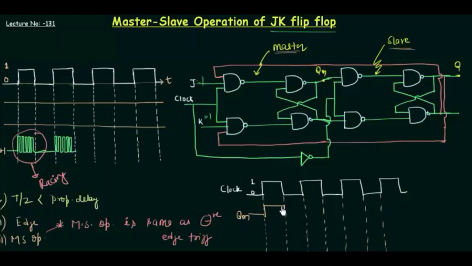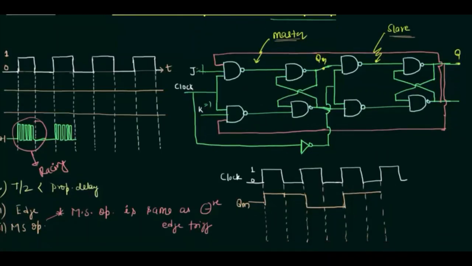It will be high for this entire time, because when the clock becomes low, the state will be stored, and the state was high, so it will be stored like this. And again, when the clock is high, it will become low like this, and then high. So you can say that for a clock cycle we are having the toggling. Okay, it is high, then it is low. This can be used directly.